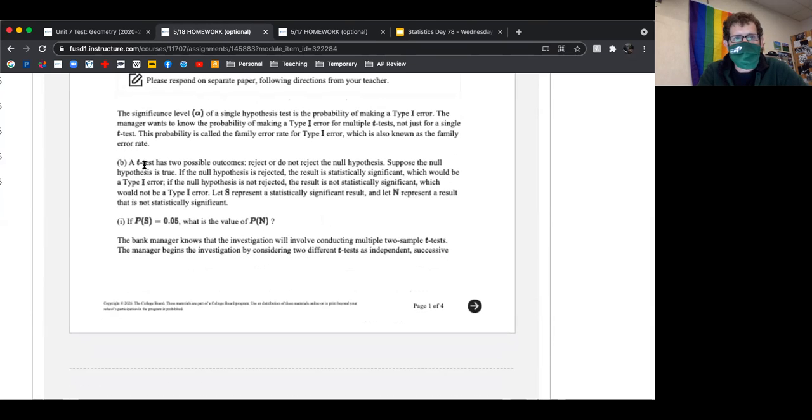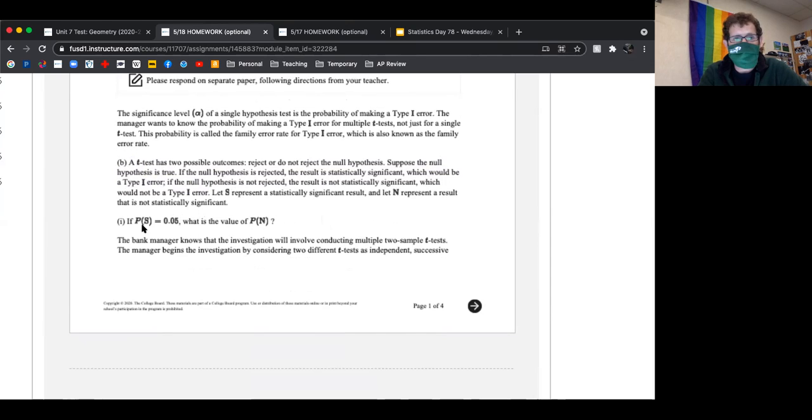So a t-test, this just explains what a type 1 error is. Okay, so basically it says this: if the probability of S represents a statistically significant result, N represents a result that is not statistically significant, what's the value of P, the probability of N?